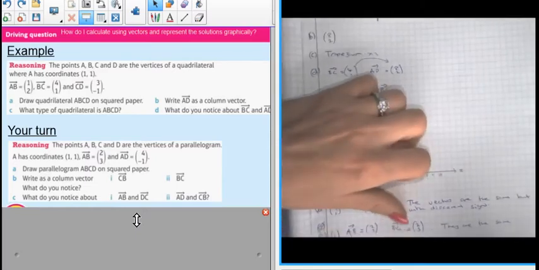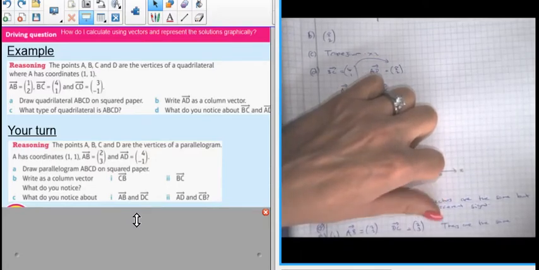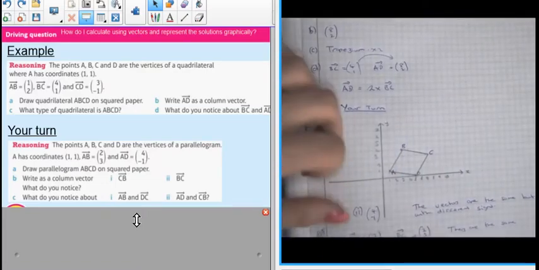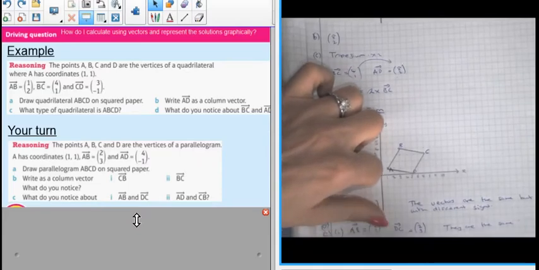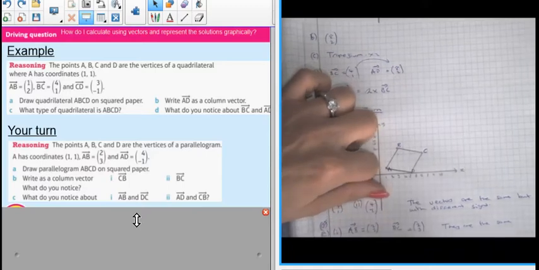They're the same vectors with different signs. A more mathematical way to write this would be that AD is equal to minus 1 times CB.